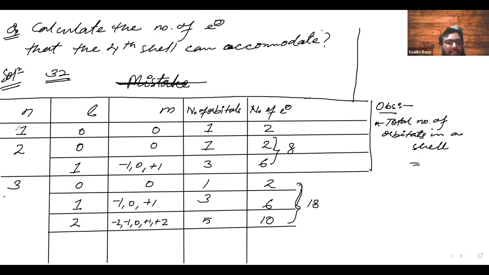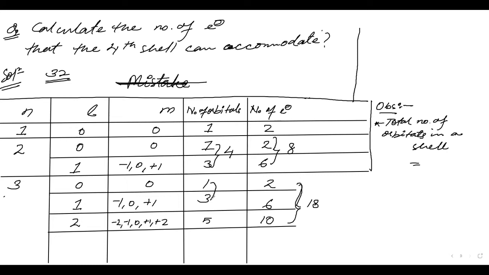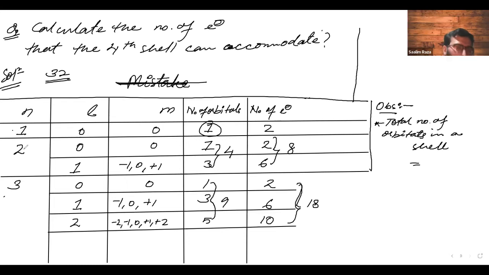For the first shell, the number of orbitals is equal to how much? For the first shell, the number of orbitals is only 1. For the second shell, the number of orbitals is equal to how much? 4.